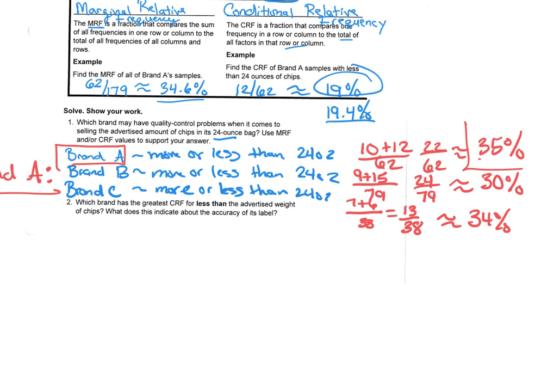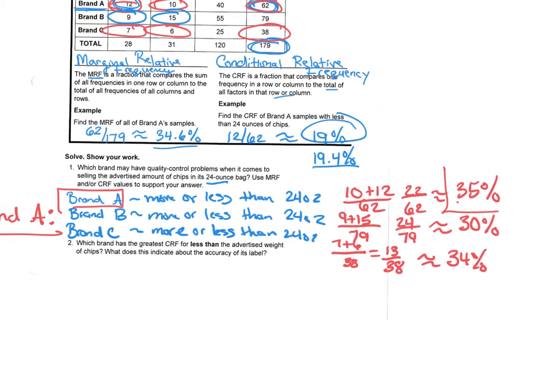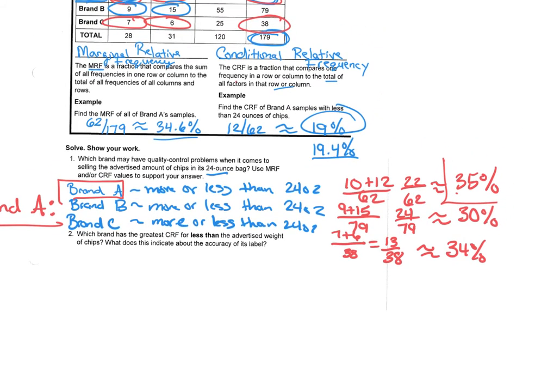Okay, if we look at the next one, which brand has the greatest CRF for less than the advertised weight of chips? And what does this indicate about the accuracy of the label? So remember, we're going to be looking at the frequency to the total of that row or column.